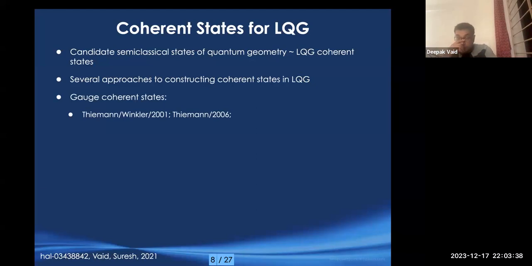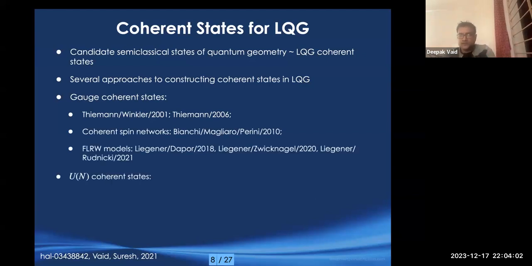Now, why do we want coherent states? Well, coherent states are classical, semi-classical states. So we want to construct semi-classical geometry. In order to do so, we try to use coherent states.